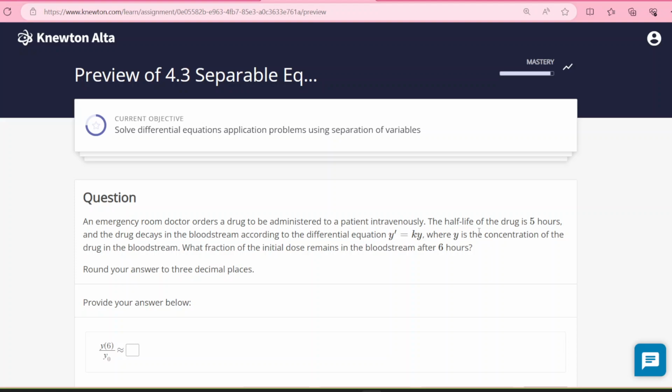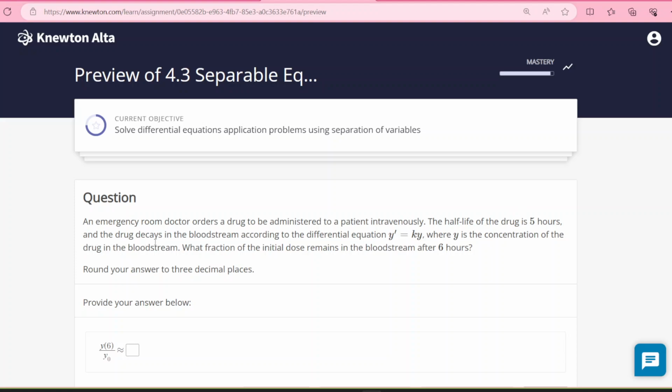So for example, if there were 100 milligrams of something, 5 hours later, there'd be 50. And then 5 hours after that, there'd be 25, and then 5 hours after that, there'd be 12 and a half, and so on. All right. When they say the half-life is 5 hours, that just means every 5 hours the amount is cut in half.